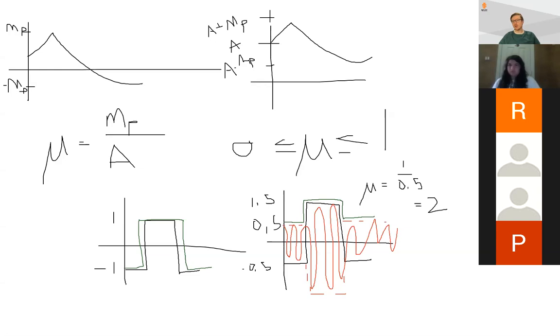However, what we're going to see is that theoretically you actually end up with an infinite bandwidth when you do angle modulation. It's just that the further away you are from the frequency that you're transmitting at, the power goes way, way down. So we'll talk about that later.